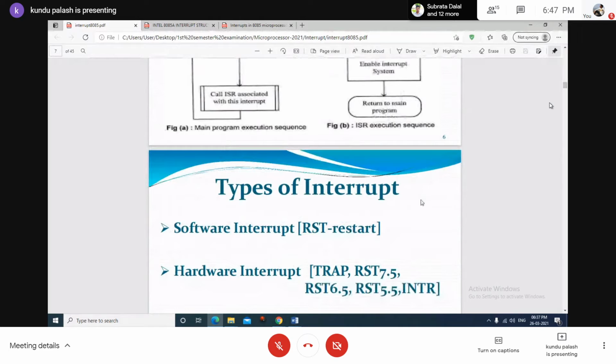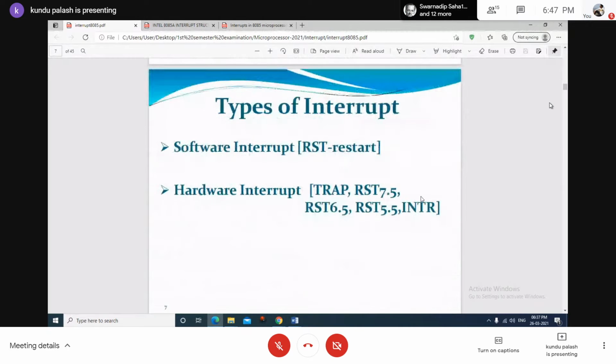So again, there are different types of interrupts for the microprocessor. In the case of the 8085, they are divided into two types: the software interrupt and the hardware interrupt. Hardware interrupts are truly physical interrupt request signals which occur over a specific pin of the 8085.